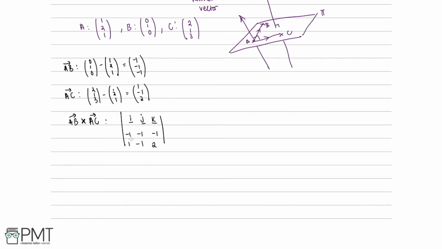By calculating this determinant, we get (-2 minus 1)i minus (-2 plus 1)j plus (1 plus 1)k. This is just equal to -3i plus j plus 2k, and this is our normal vector.